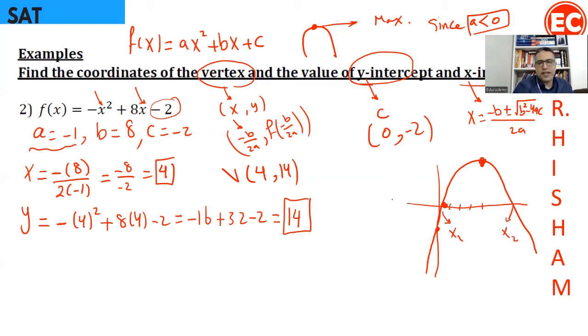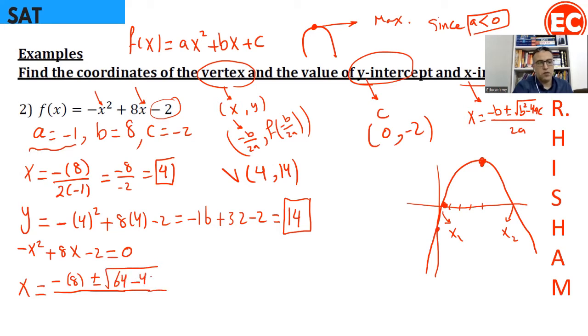If I wanted to find x1 and x2, it's not necessary right now, but if you wanted to find them, you would set the whole equation, negative x squared plus 8x minus 2, equal to 0. And using the quadratic formula, I wrote it here: negative b, so it's negative 8, plus or minus root of 8 squared, which is 64, minus 4 by a by c, over 2 by a.